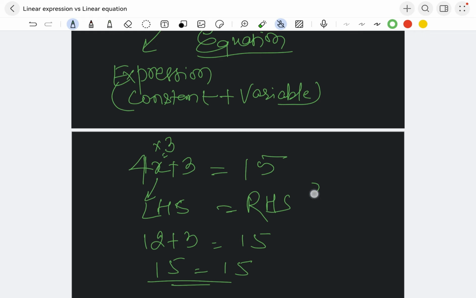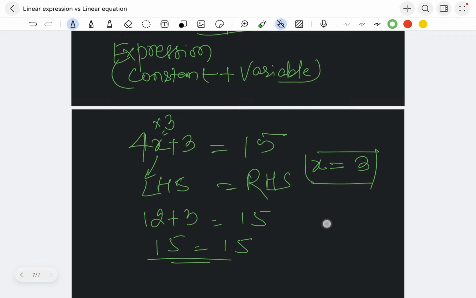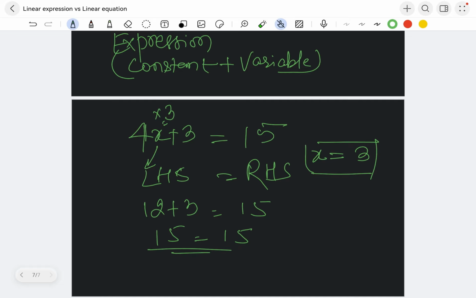Hence there is an x input 3 and we get this equation equated. But here, unlike an expression, there can be only one value of x, and that's 3. So it's not a function where we keep changing the value of x and the equation will get equated.